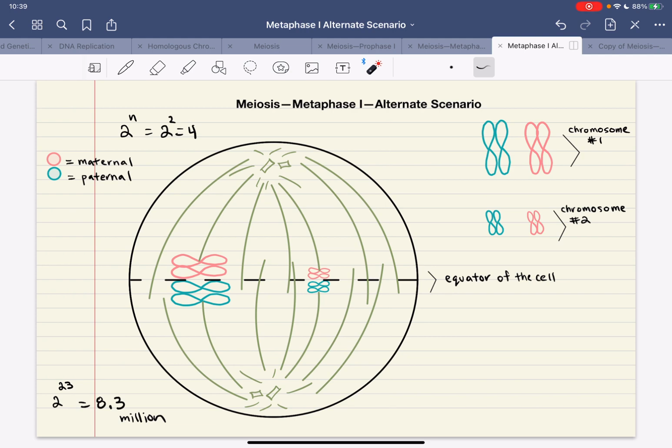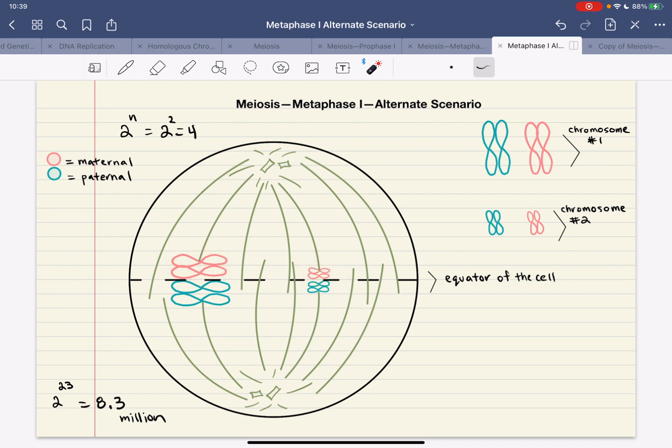And you can think about it, so let's say, you're the individual that's having kids. The pink represents your mom, the blue represents your dad. By random chance, you could produce a gamete that has way more chromosomes from your mom than from your dad.